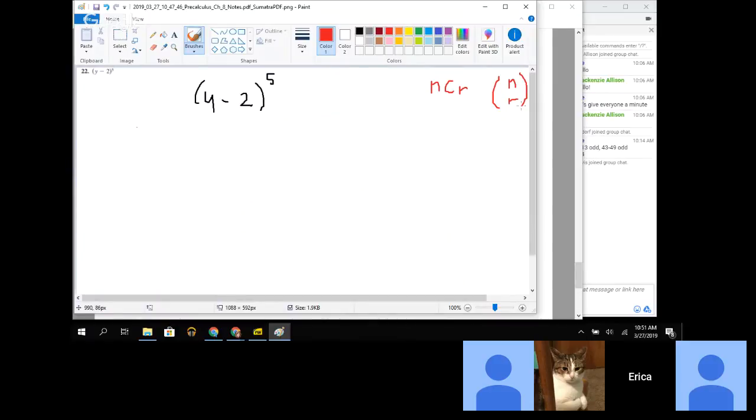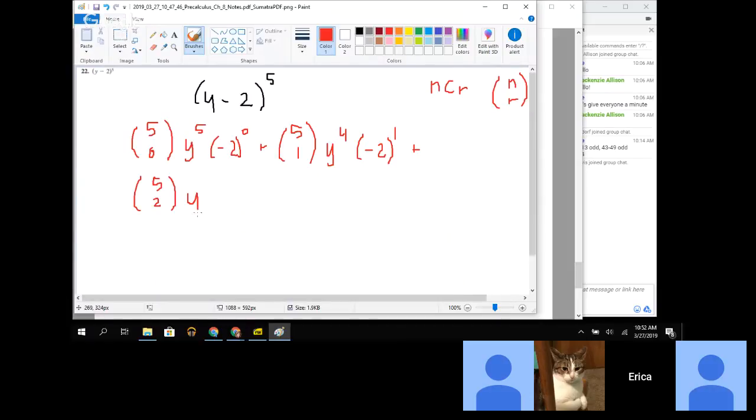Okay, so we have 5 choose 0 times y to the 5th, and then we have negative 2 to the 0 power, plus 5 choose 1, y to the 4th, negative 2 to the 1 power, plus 5 choose 2, y to the 3rd times the negative 2 to the 2nd power, plus 5 choose 3, y to the 2nd, negative 2 to the third power plus, oh, that shouldn't be dividing right there, sorry.